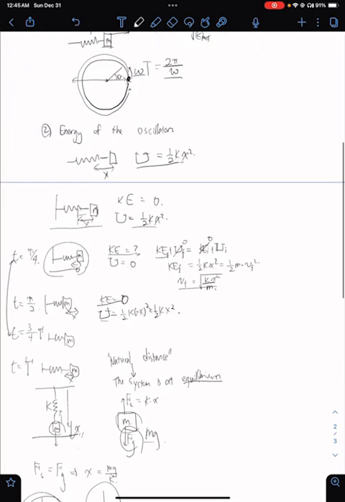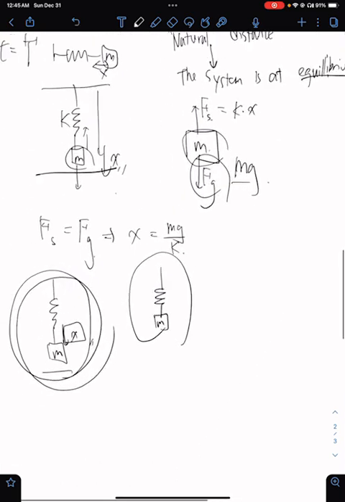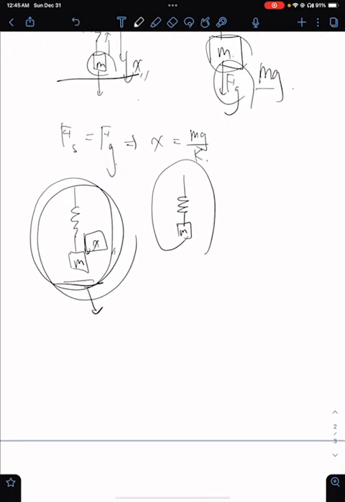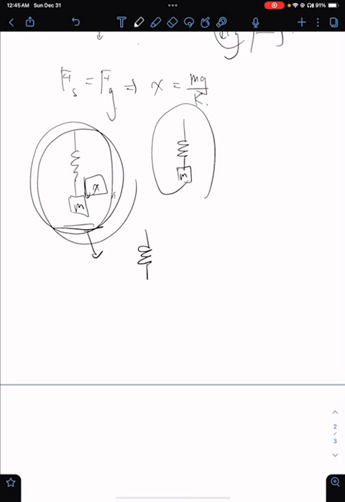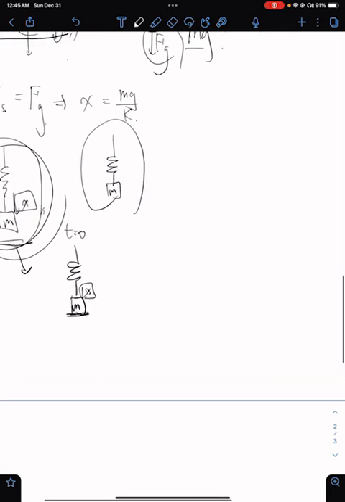Everything else is the same thing. Here, we can do the same thing as we did above. Let's say this is time equals 0, so we're at equilibrium. The distance is extended by x.